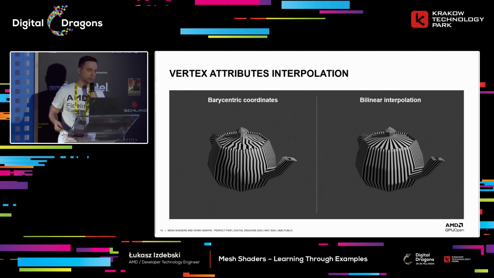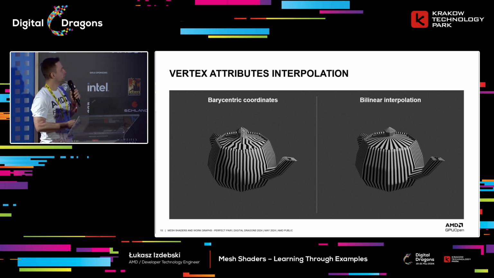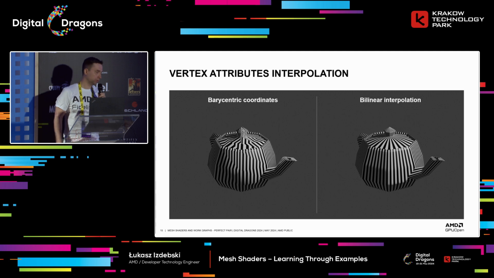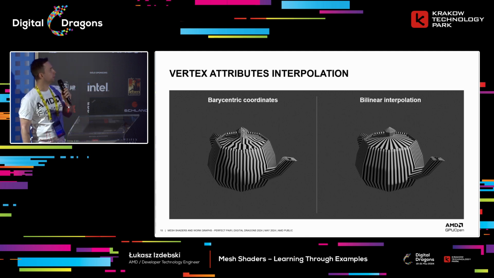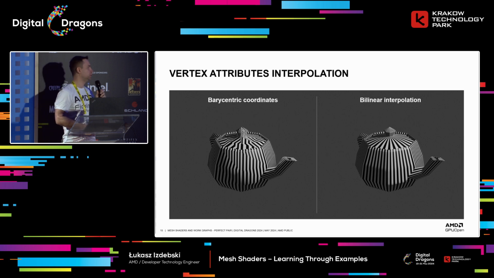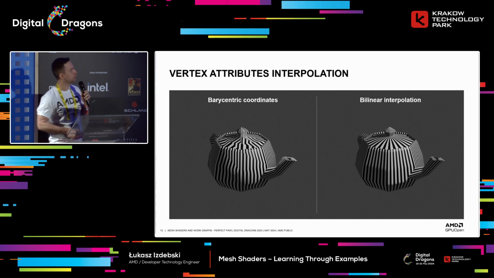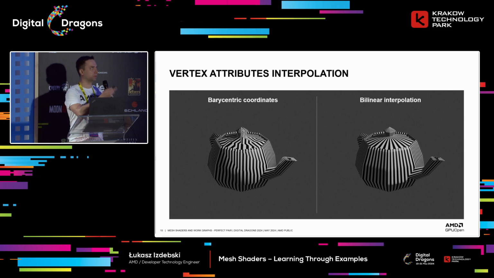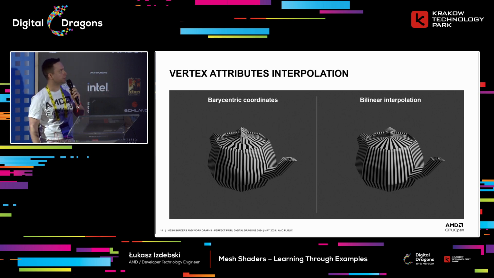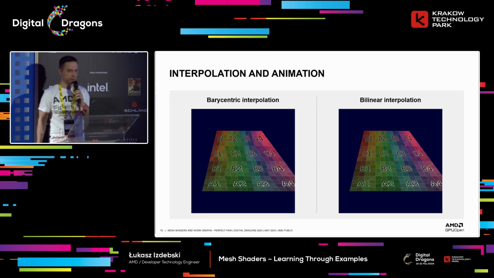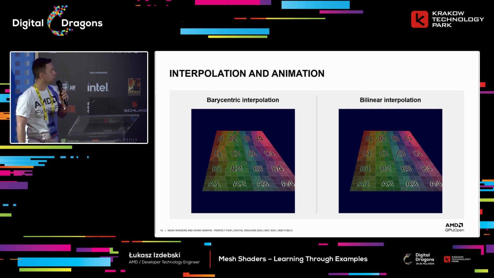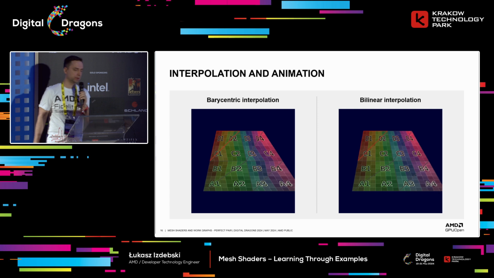But when we do that, unfortunately, artifacts can appear, which are C1 discontinuities of interpolated attributes. When we're dealing with quads, we want, for example, a bilinear interpolation. This is even more visible when we are dealing with animation.